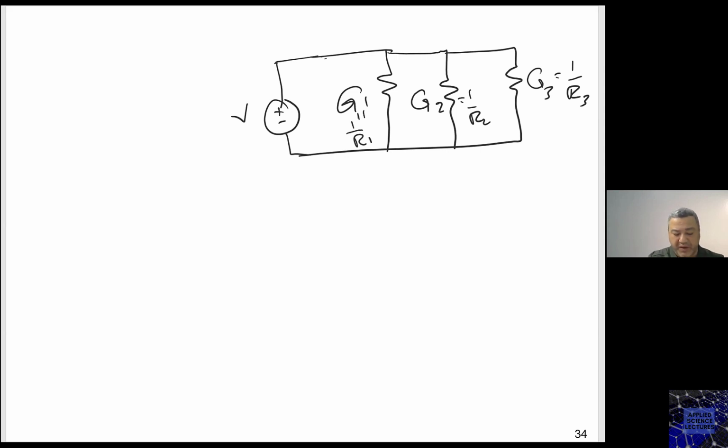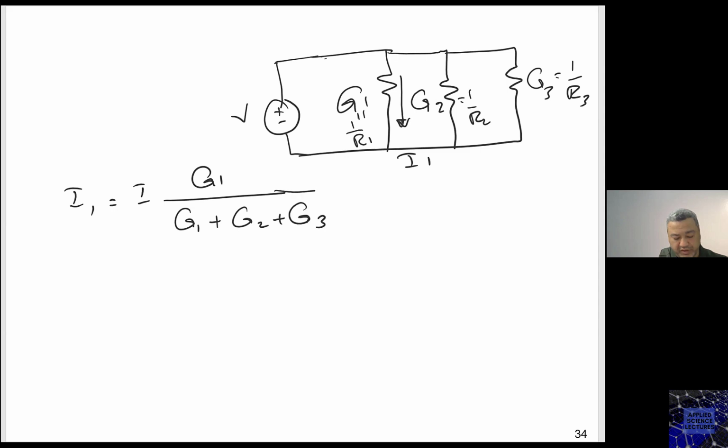In this case, if I am interested in finding I1, it will be proportional to the conductance of the same branch I'm interested in finding the current in. So here I can say I1 is I times G1 divided by G1 plus G2 plus G3.